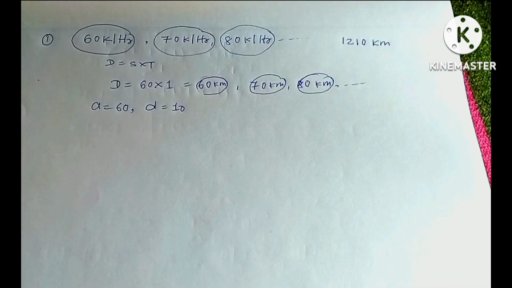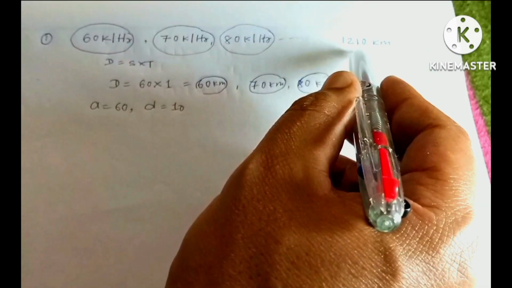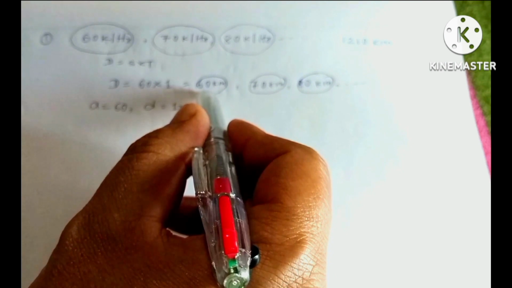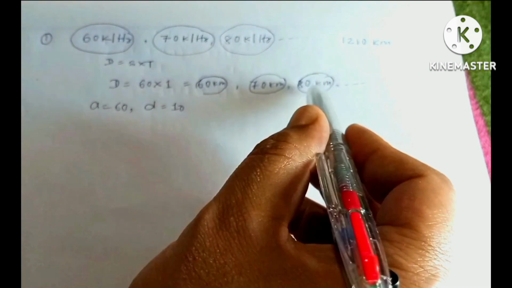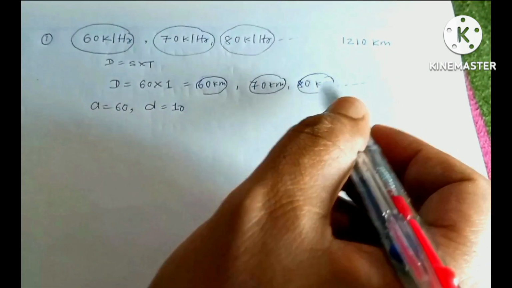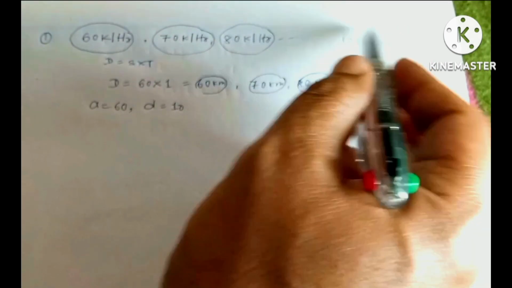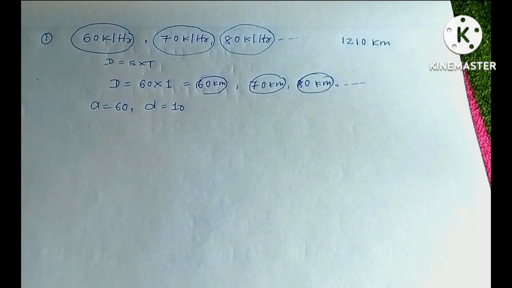Let us suppose that this distance will be covered in x hours. So this progression will continue up to the x-th term. That means in x hours this distance will be covered by the car.